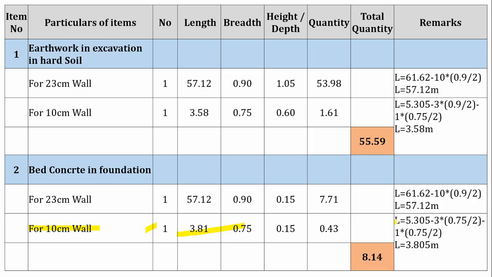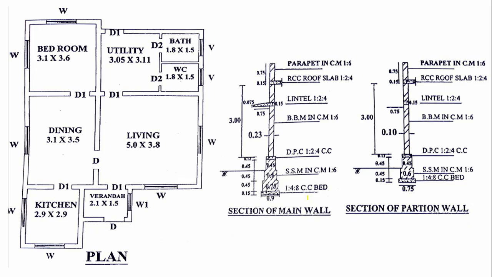Length is equal to center to center length minus n into b divided by 2. So n is 3, that is between 23 and 10 centimeters, into the width of the item. So now what is the width of the item? 0.75. You can see here this bed concrete will come at this level. So therefore it is 0.75 divided by 2.